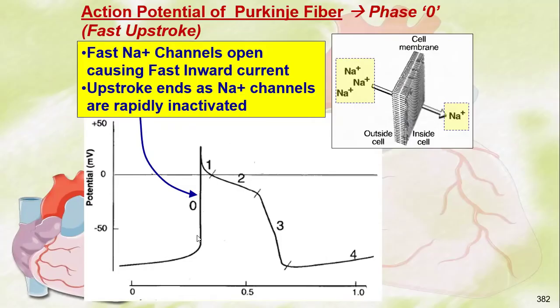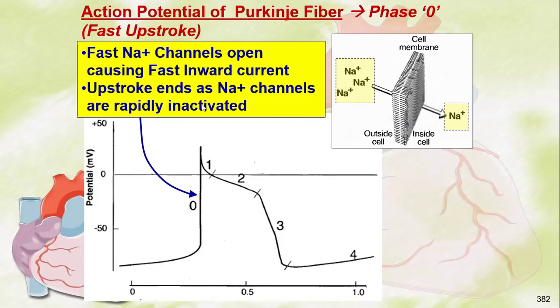So what will happen when these channels open? Your action potential will go towards the positive side. It crosses zero and goes towards the positive side, and that makes one phase, which we call phase zero. So in phase zero, there is a fast sodium channel open, causing fast inward current.